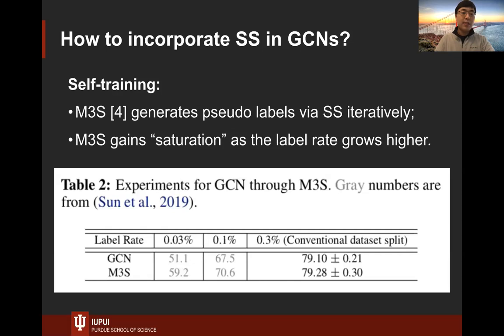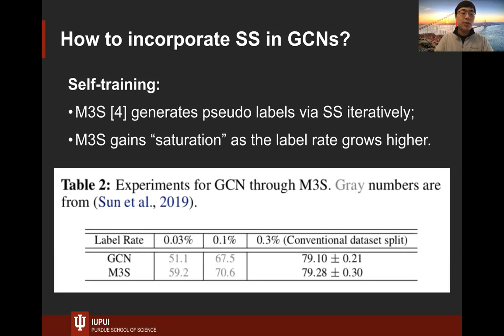The second scheme is self-training. The paper used M3S as an example. Here I will briefly introduce what M3S is. With both labeled and unlabeled data, M3S pre-trains a model over the labeled data and then assigns the generated pseudo-labels to higher-confidence unlabeled samples.